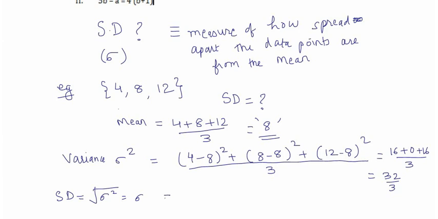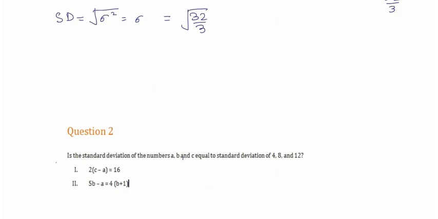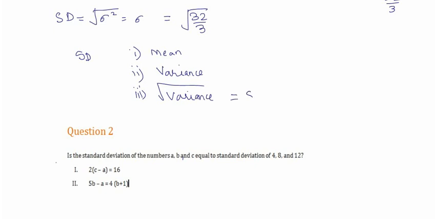So standard deviation is under root of 32 by 3. So we have understood that for finding the standard deviation, the first step is to find the mean. Second step is to find the variance, and then you simply take the square root of that variance, which would be your standard deviation, sigma.